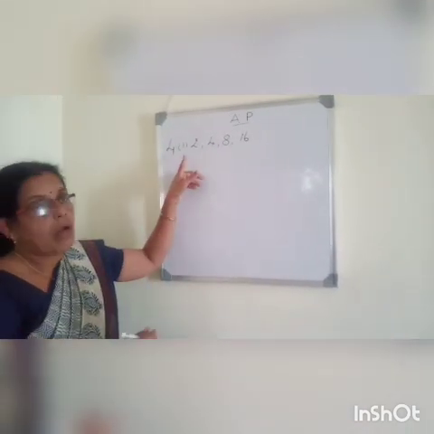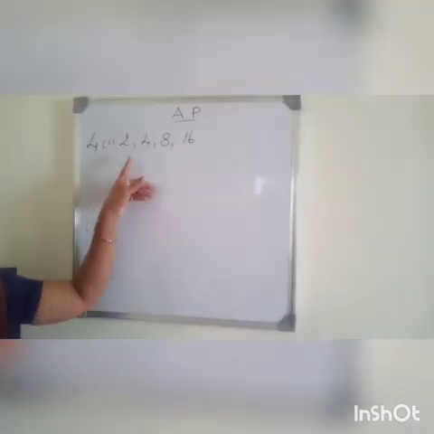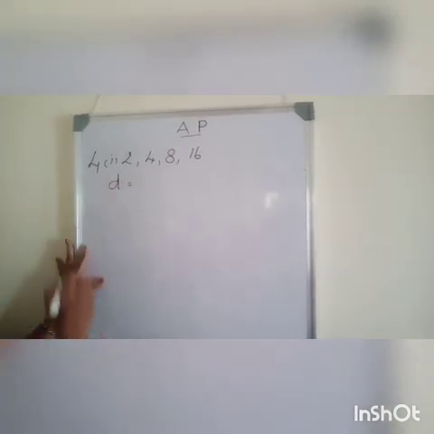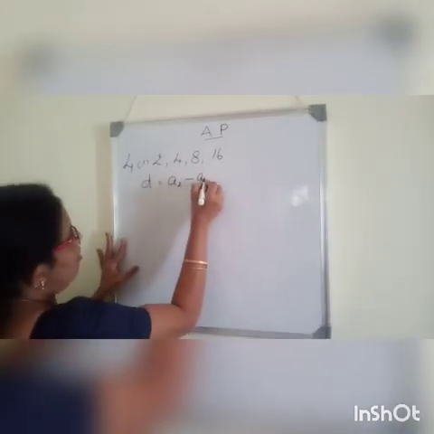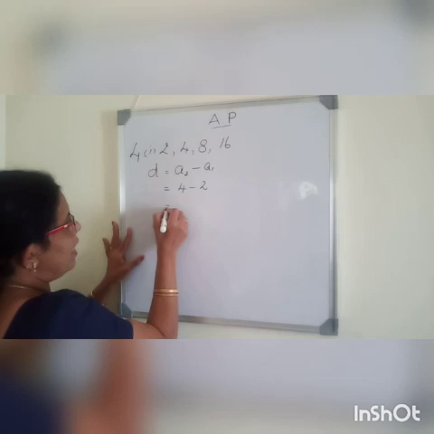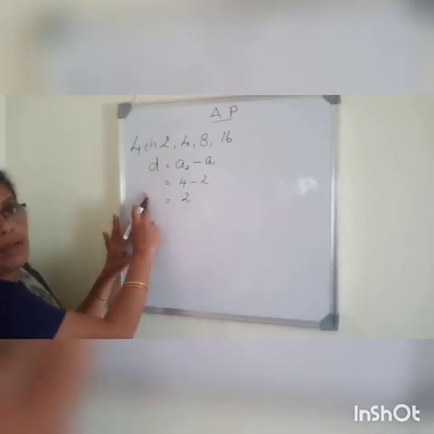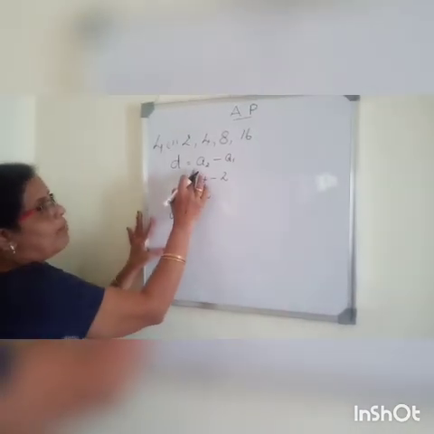So let me check whether it is an AP or not. To find out whether it is an AP, we will find out the common difference. So first D is equal to A2 minus A1. That is 4 minus 2. We'll get 2. Once again we'll check whether we are getting the same difference or not. D equals, which formula we will use?